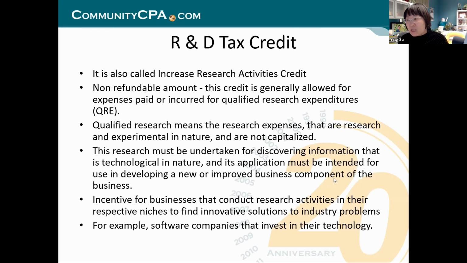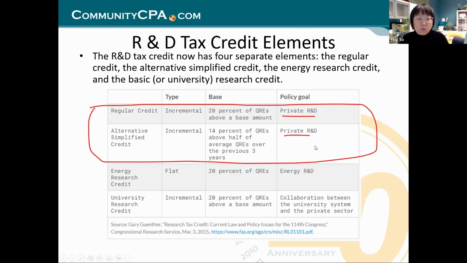Okay. Let's look at what types of R&D credit there are. Remember earlier when we talked about how I don't know everything, but I am most familiar with these first two because most small business owners are using them: the regular credit and the alternative simplified credit.